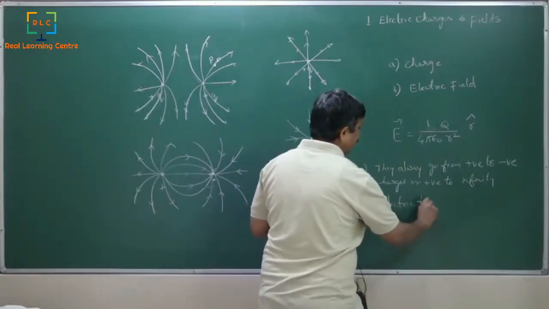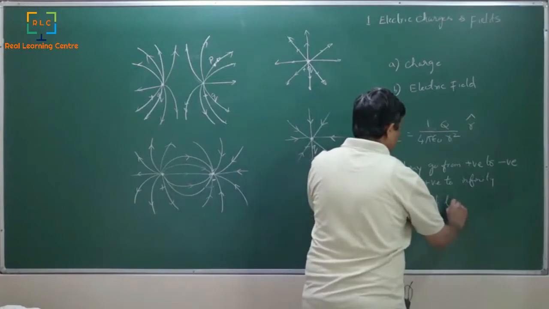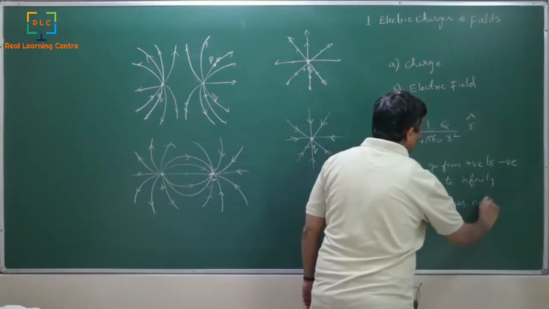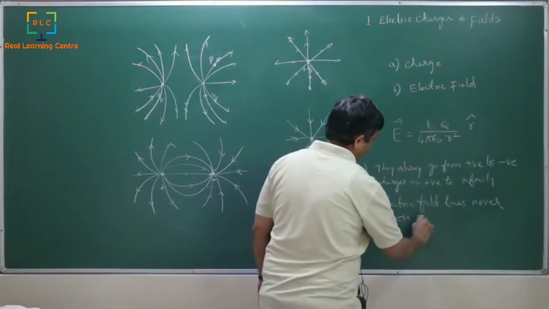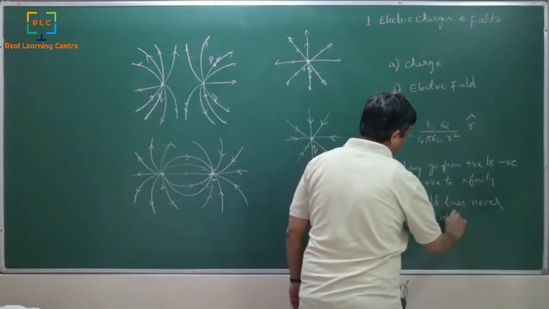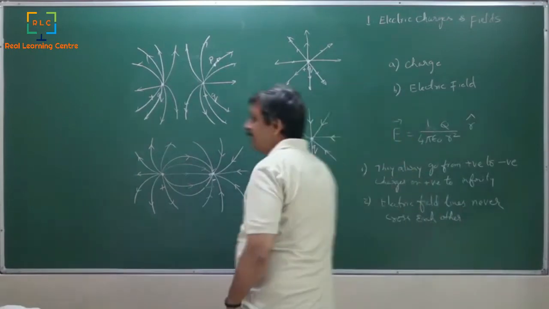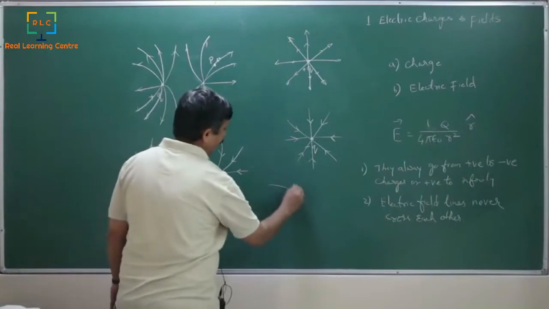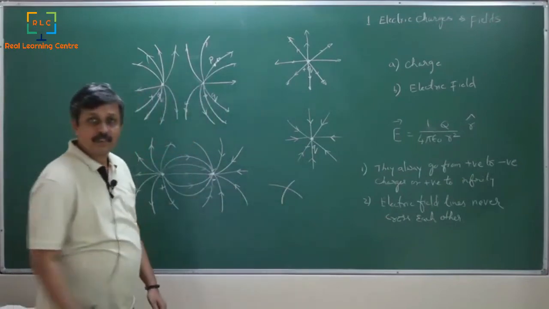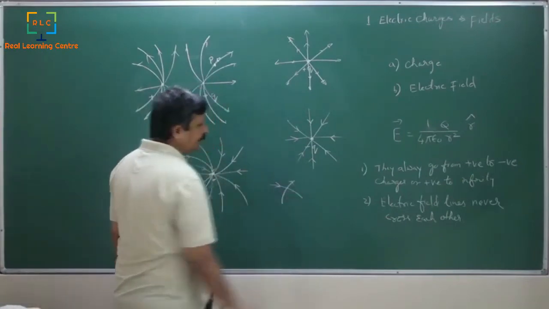Another important point: electric field lines never cross each other. Suppose electric field lines crossed each other like this. What does that mean?